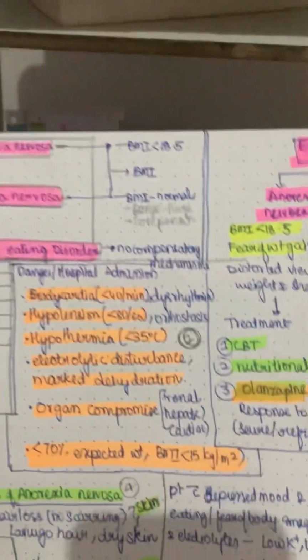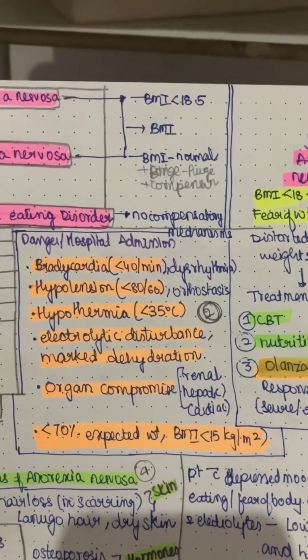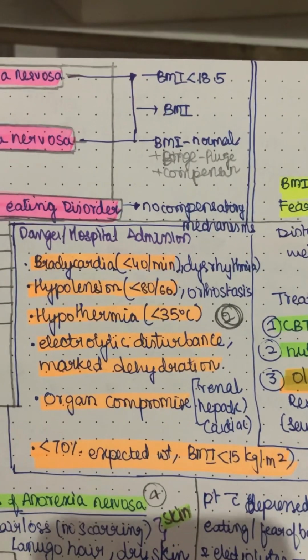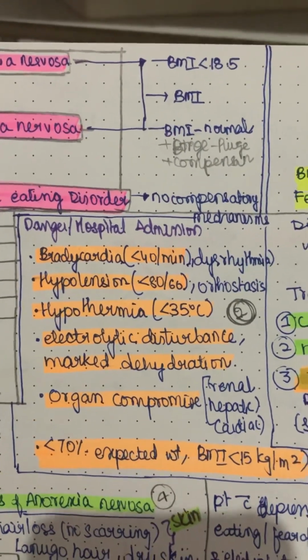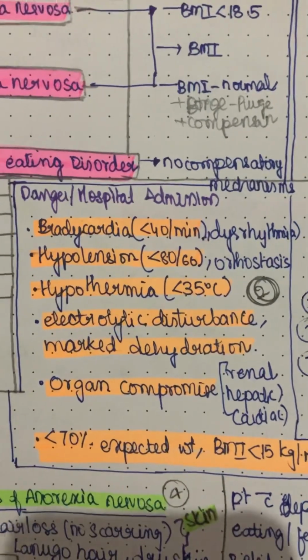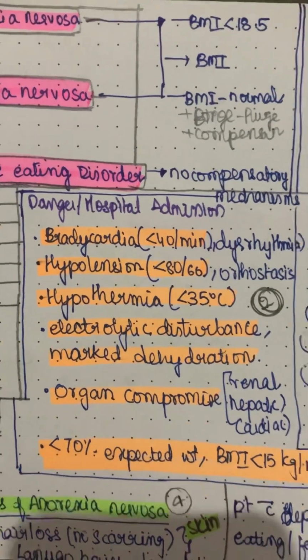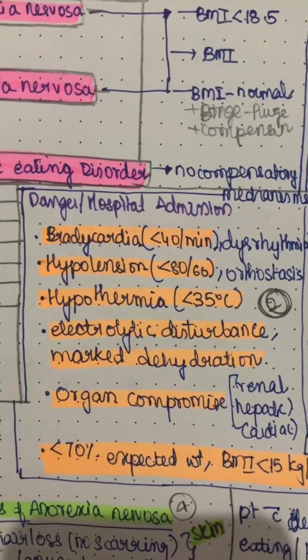Coming to anorexia nervosa, when do you ask the patient to get admitted? If the patient is presenting with hypothermia, like heat intolerance, and when you check the vitals there is bradycardia, dysrhythmia, hypotension.